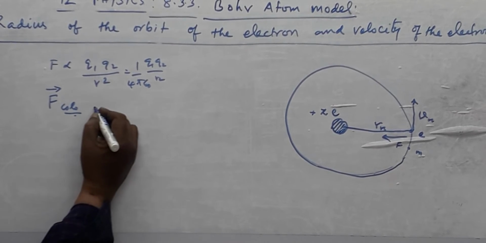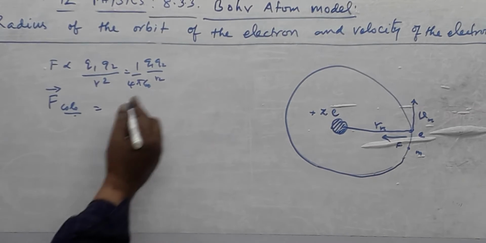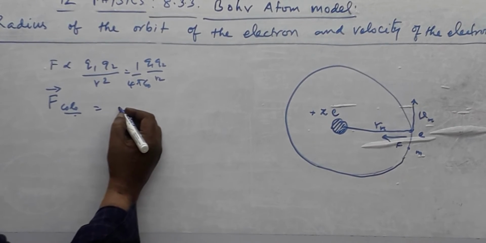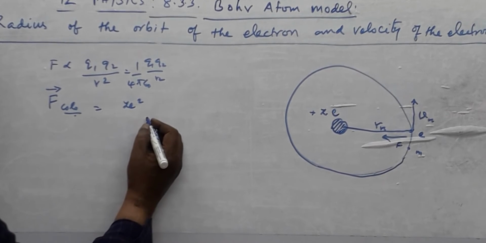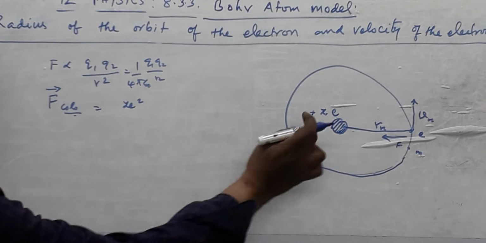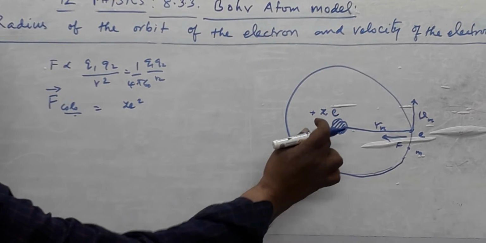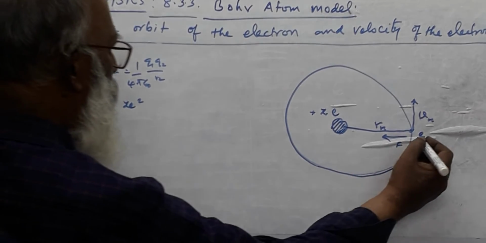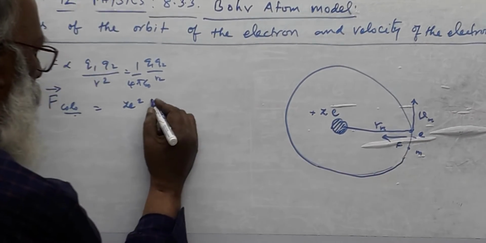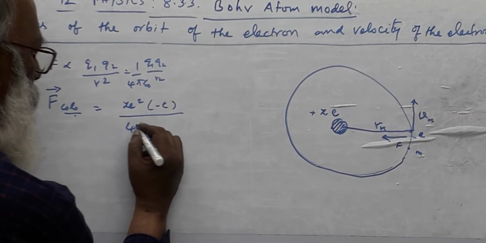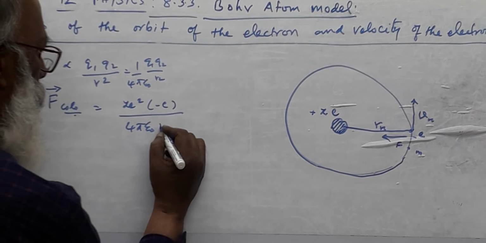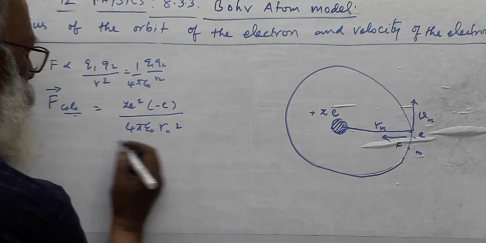The Coulomb force is equal to Ze, the charge of the nucleus, times the charge of the electron, which is minus e, divided by 4 pi epsilon naught rn square.